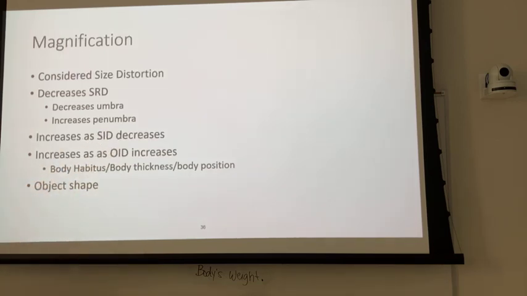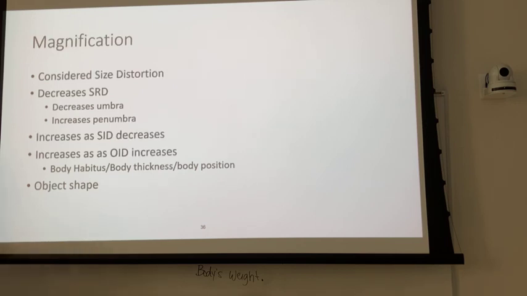It also increases as OID increases. Now that's going to be controlled by a number of different things, primarily body position and the things that we've talked about before, but also body habitus and body thickness. So you have a patient that you're shooting a chest X-ray on, and they're asthenic. How close to the image receptor is their heart going to be? Relatively close, right?